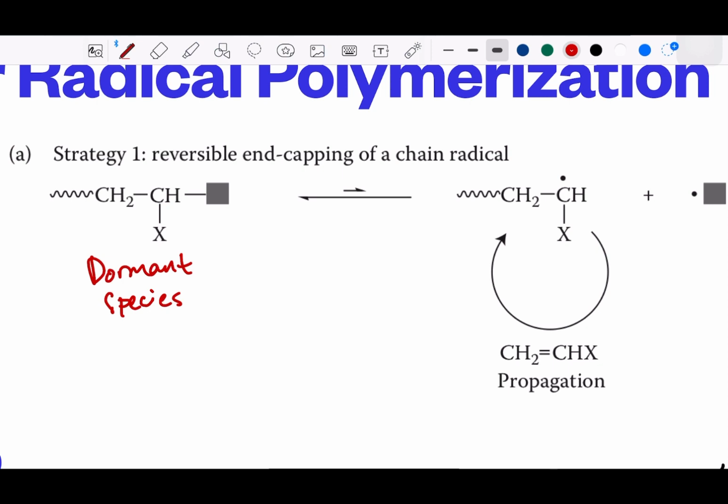That's the idea. So we need to adjust this equilibrium to push to dormant so that we can control.